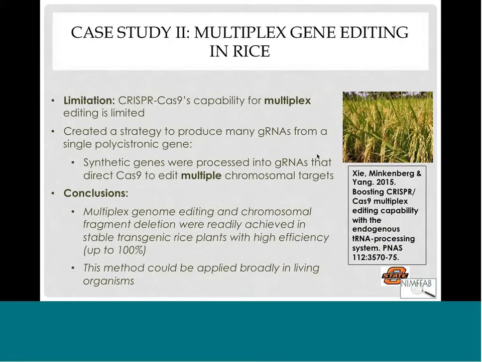This worked really well for them, and they got to multiplex genome editing and fragment deletion with stable transgenic rice plants with up to 100% efficiency. And they felt that this also could be applied broadly through living organisms.